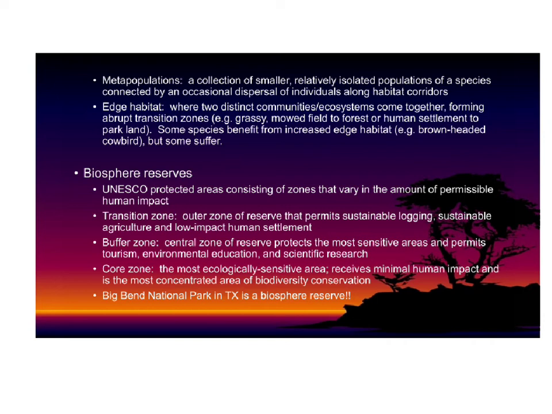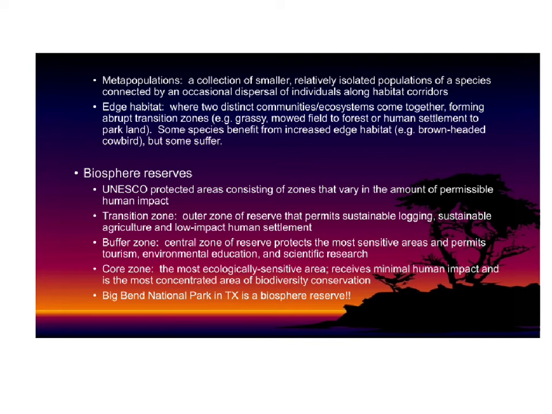So if you can't, for whatever reason, afford it, or if it's not in the species' best interest to have one large area, you can set aside several small areas that are connected by these habitat corridors, so the species can move within these protected habitats and still maintain genetic flow.